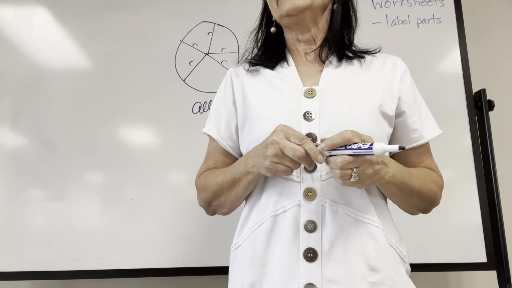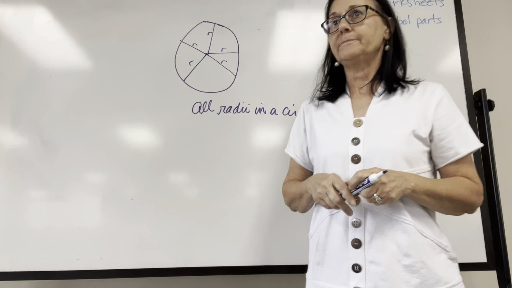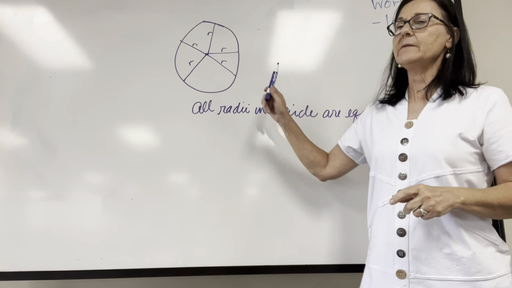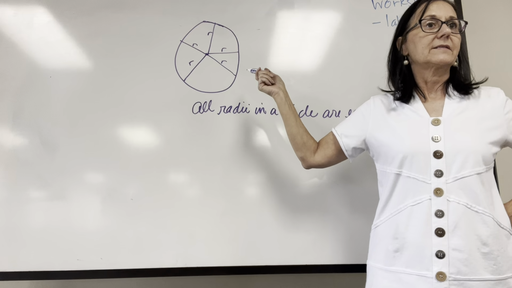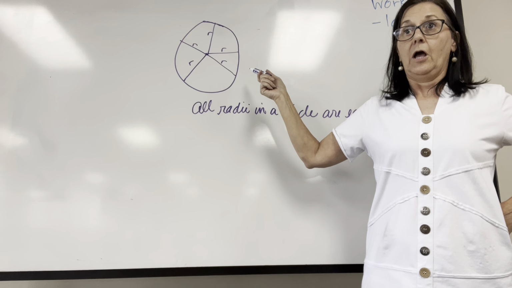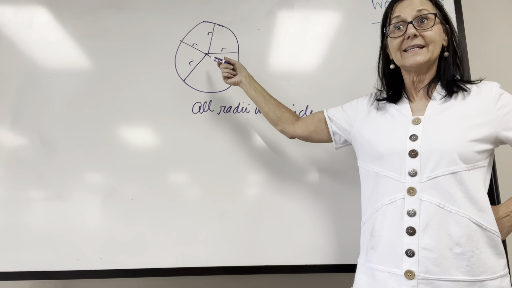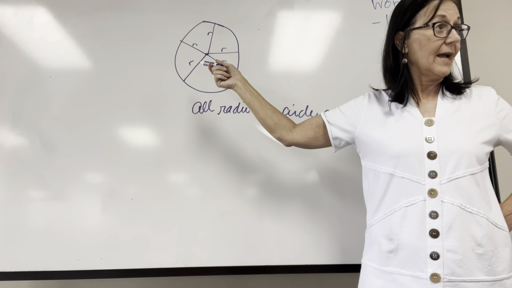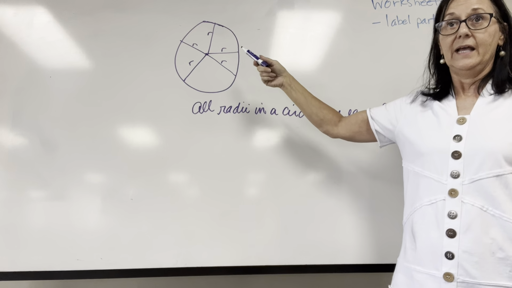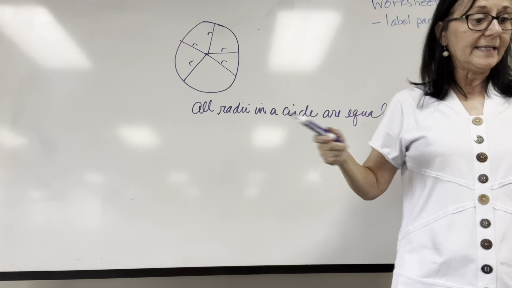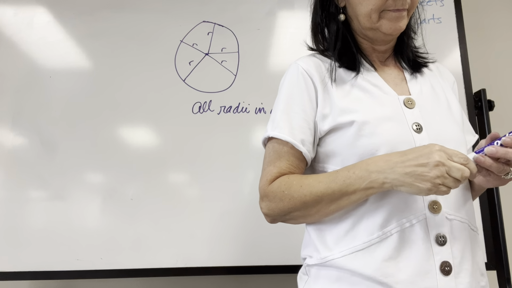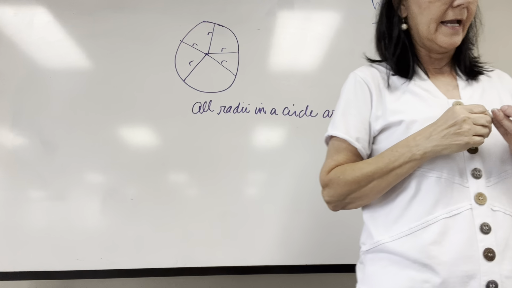All right, so what is a radius? What are the endpoints of a radius? A point on the circle and the center, right? That's a radius. It goes from the center to any point on the circle. It's actually a line segment.